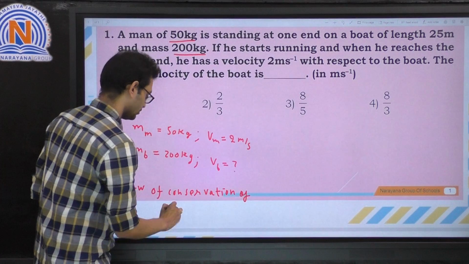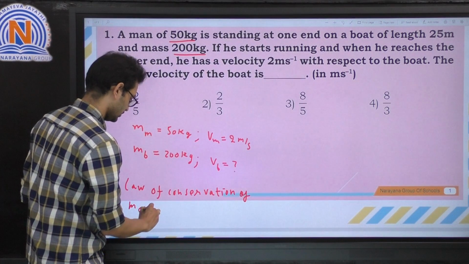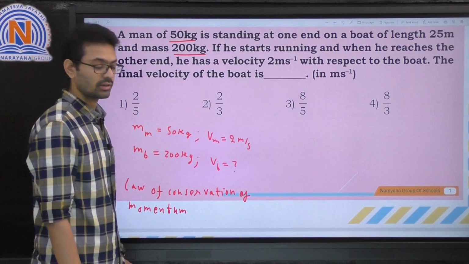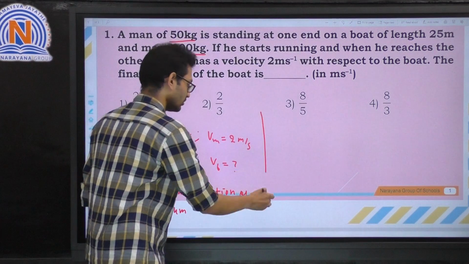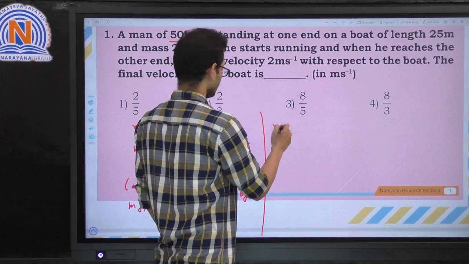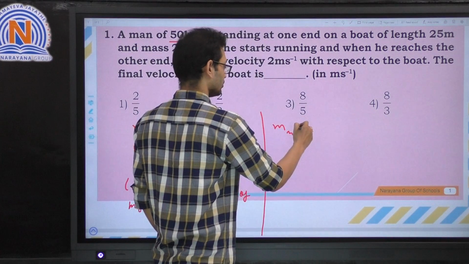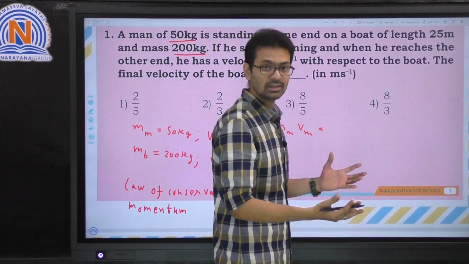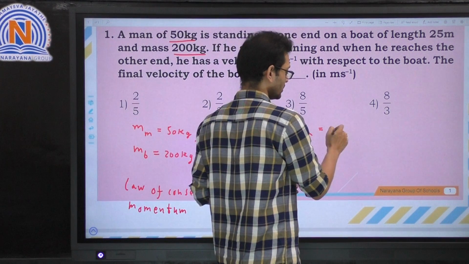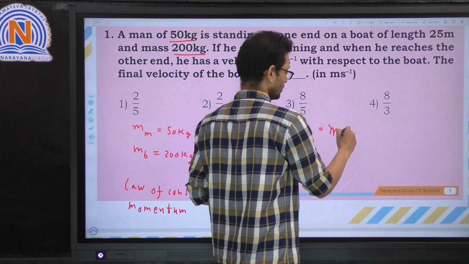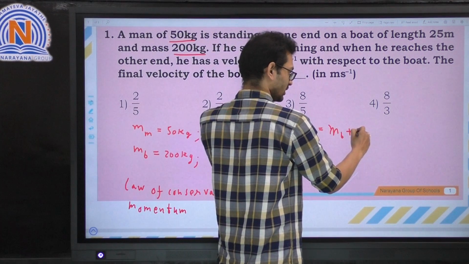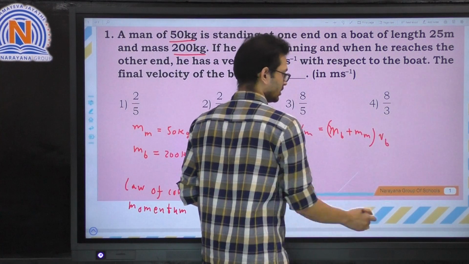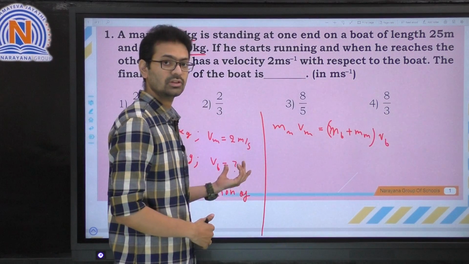When you go with that, you have m1, that means the mass of the man, into the velocity of the man, equals the total system mass, which is mass of the boat plus mass of the man, into the velocity of the boat. Now this is the law of conservation of momentum.